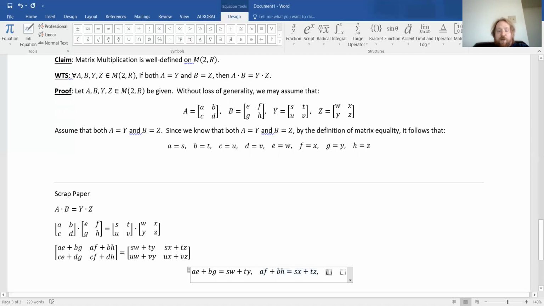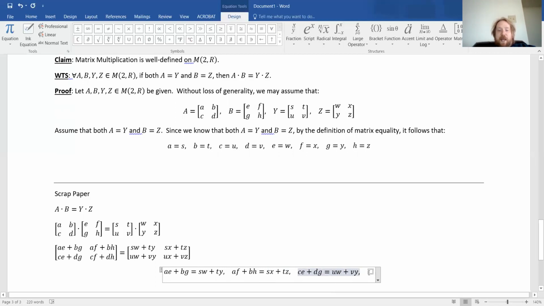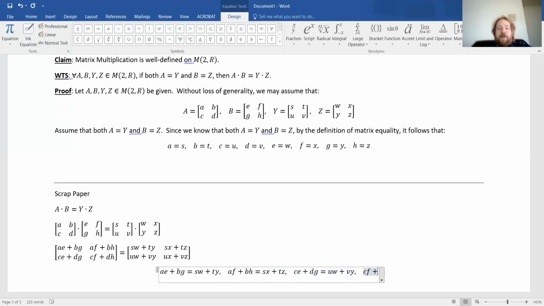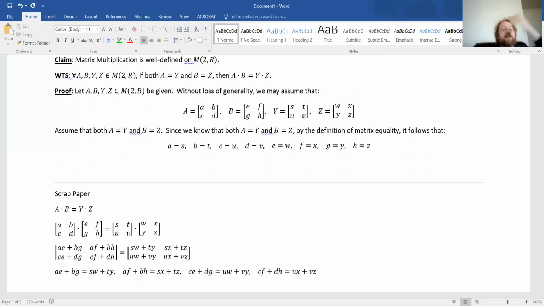I need to show that CE plus DG equals UW plus VY. And I need to show that CF plus DH equals UX plus VZ. Now, that doesn't look like I've gotten anywhere.